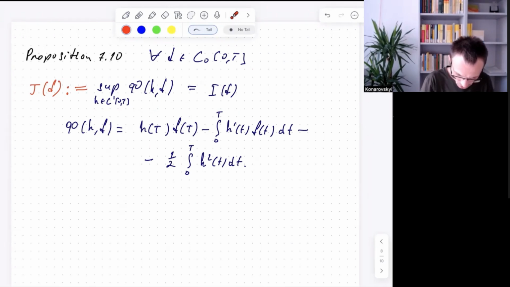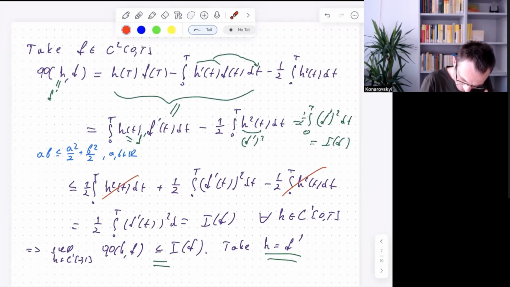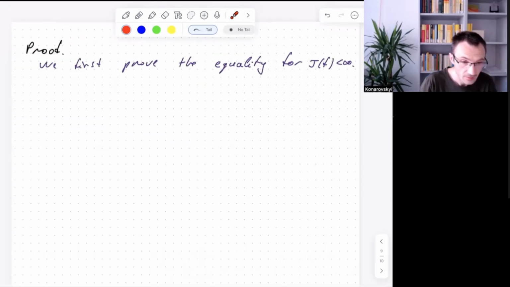And then let's show this equality for such a function. Our goal will be to show that the function is absolutely continuous, and that this supremum is equal to this integral with the derivative in the definition of absolute continuity. To show that equality, let's do the following trick.